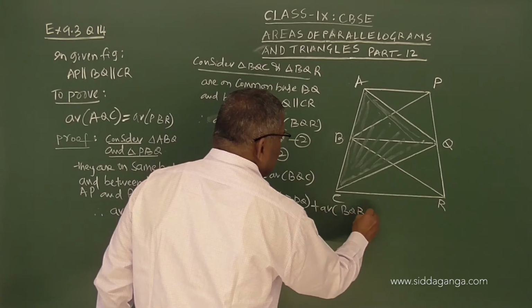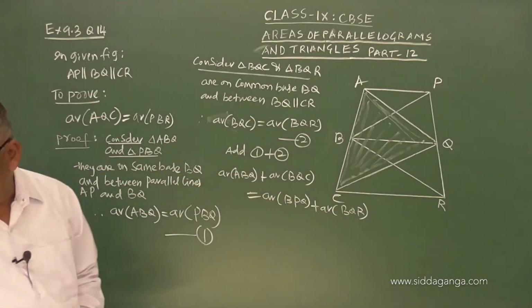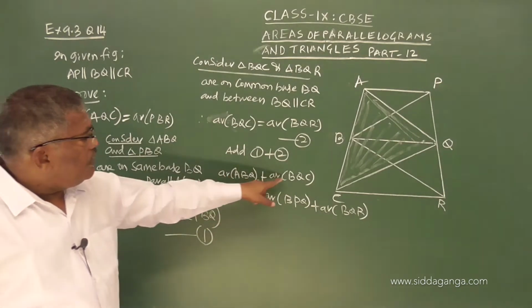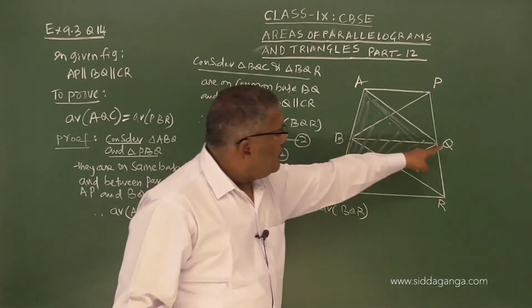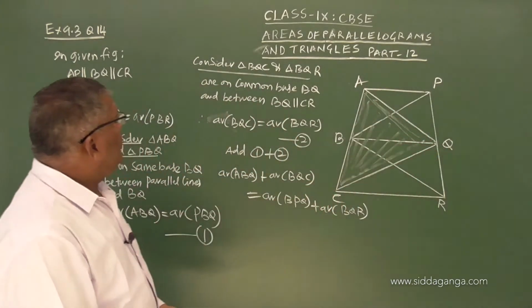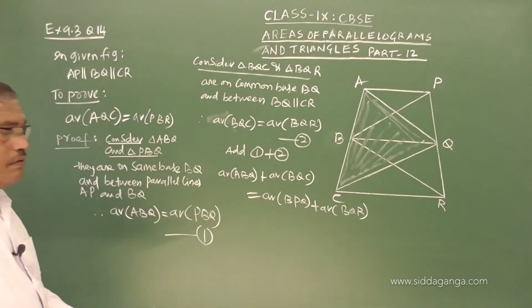For a better understanding, you have to see the figure. The sum of these two triangles is nothing but AQC.